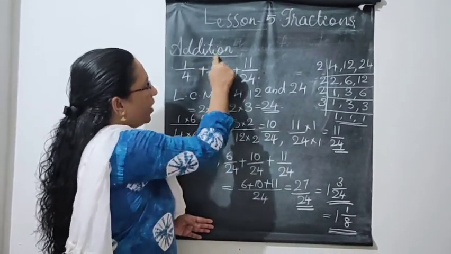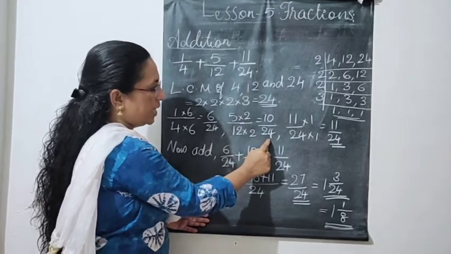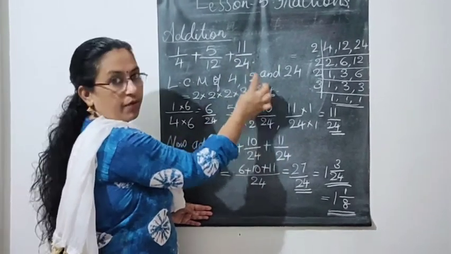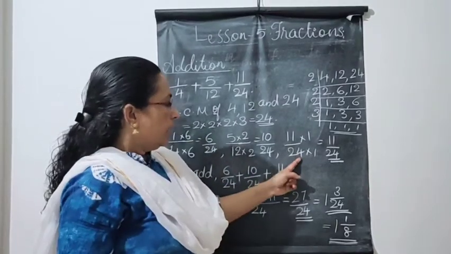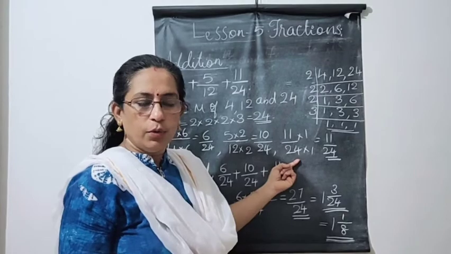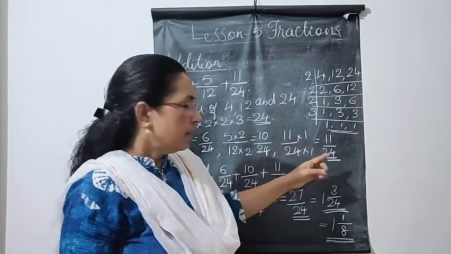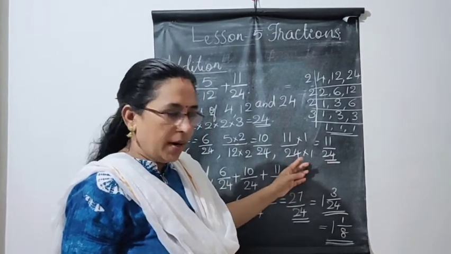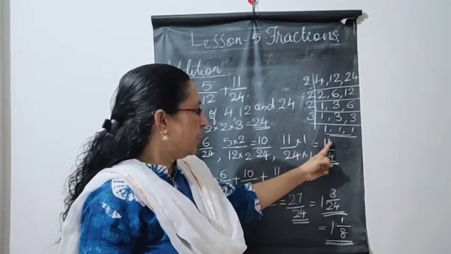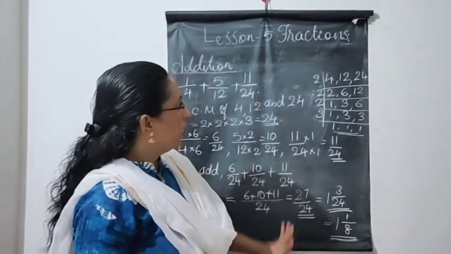Now instead of 5 by 12 we have 10 by 24. Now carry down the next fraction, 11 by 24. The denominator is already 24, so no need to convert again. We can multiply with 1, so we get the same fraction, 11 by 24.